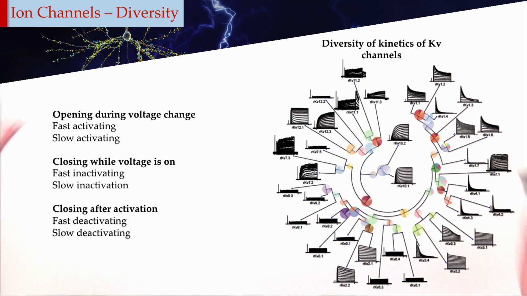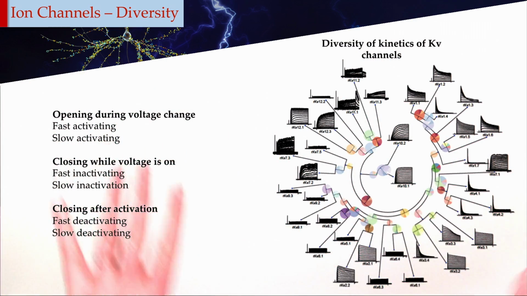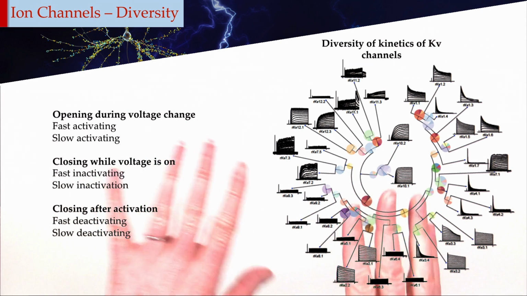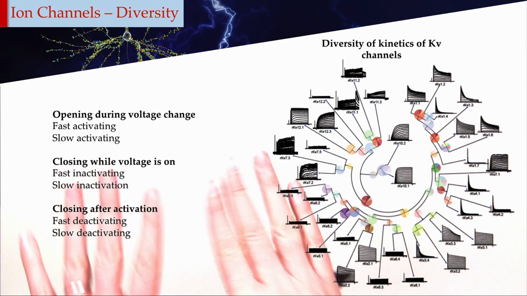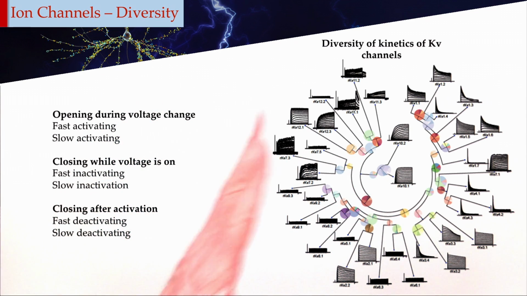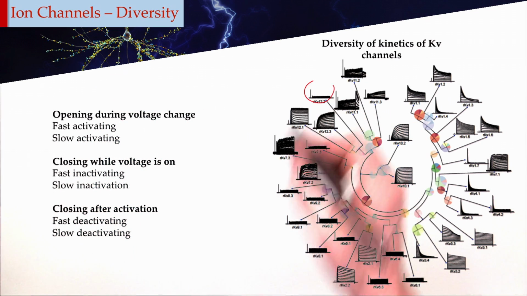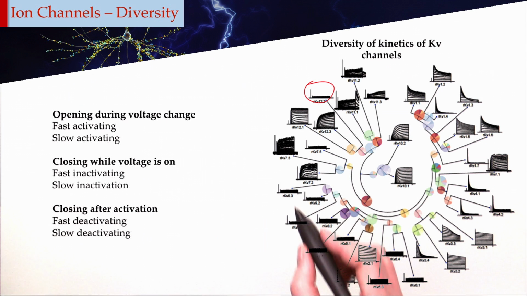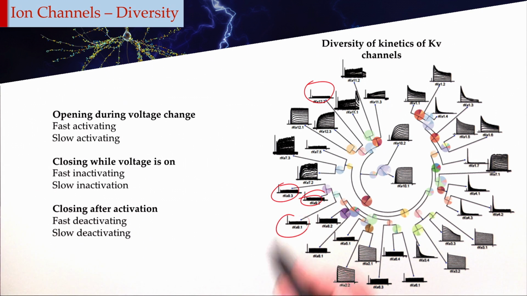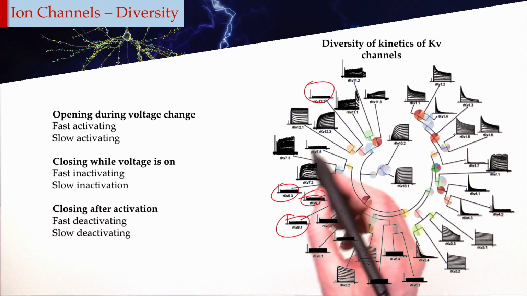So when you do that on the 40 ion channel genes, there are many that are silent because homomeric subunits, when they combine, are not going to produce any current. For example, here you're getting silent channels. These are silent channels.